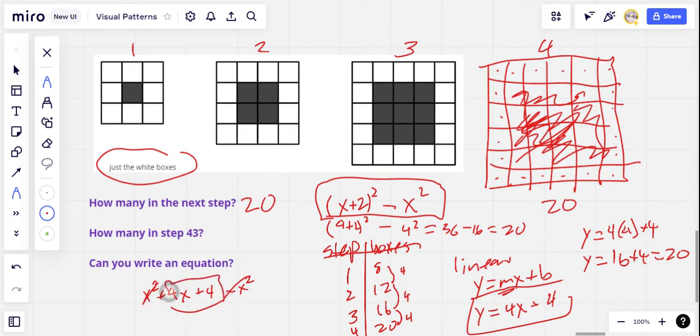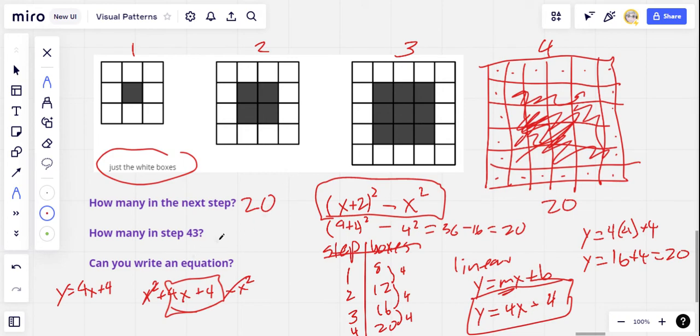And look what you're left with: 4x plus 4. That's exactly what we had here. So the simplest way to write this equation is y equals 4x plus 4. So this is an interesting case where even though it appeared to be a quadratic kind of function on the outside, or quadratic kind of property, it really is simpler than that. It's really a linear pattern in disguise.